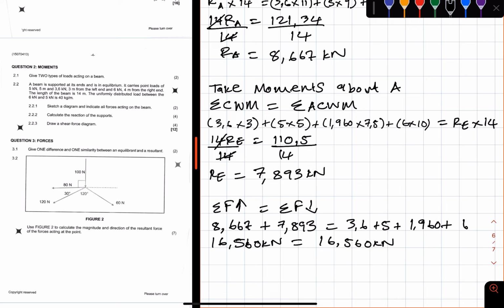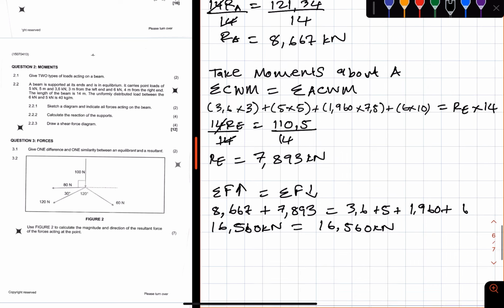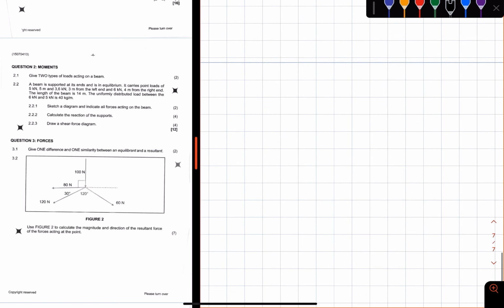So this means that based on the calculations we've made, there's a good chance that our reactions at the supports are correct. Now the reason why I say that is because you might have made a mistake, but because you calculated your mistake in a right way, you find that the numbers balance, right? So hopefully we haven't made a mistake here, right?